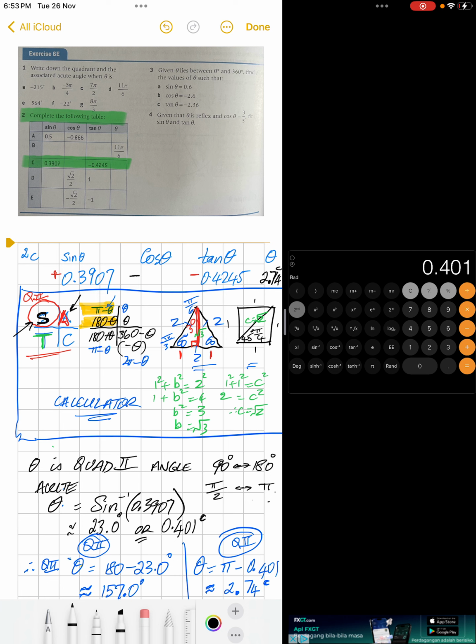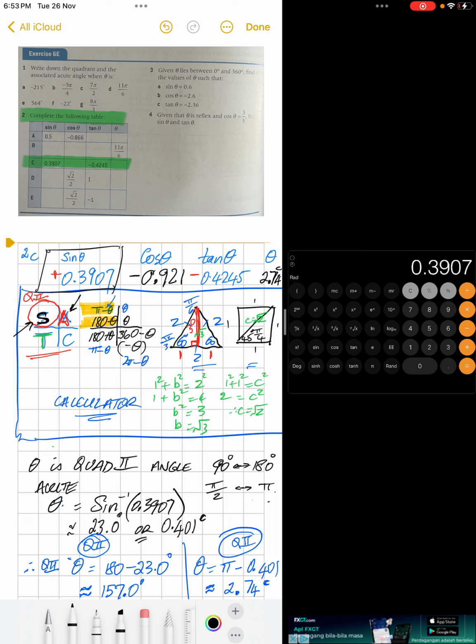Let's get the cos of that, and it's 0.921. Let me just check that using my calculator. I'm going to go back to what we had to start with, 0.3907, because I don't like using a rounded off number, and I used 0.401 in a calculation.